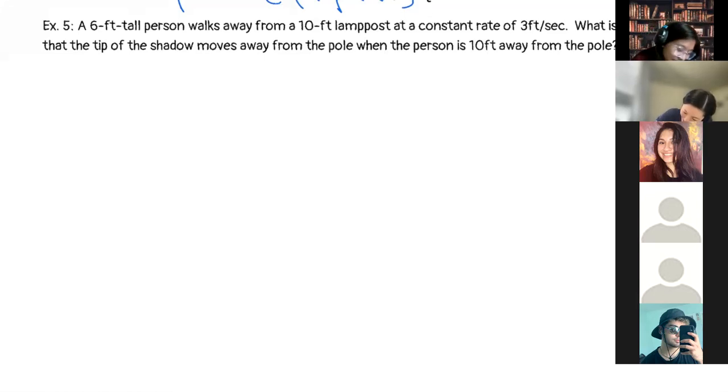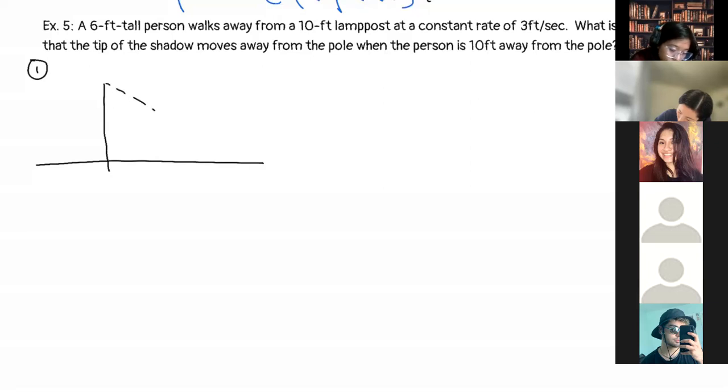All right, so let's start with our diagram. We've got a lamppost and we've got the ground, and we know that there is, interesting, a triangle. We've got a person with very long legs who is walking.